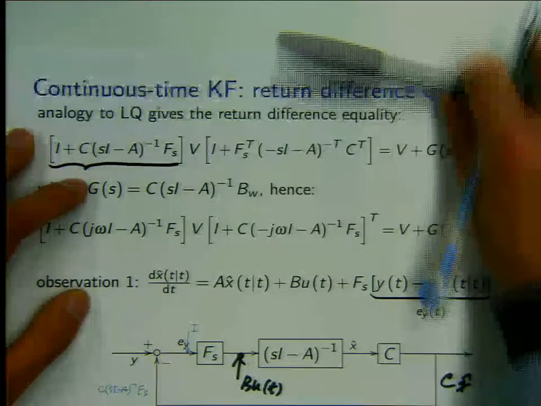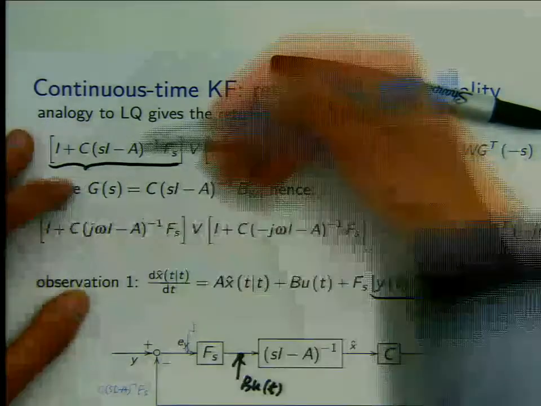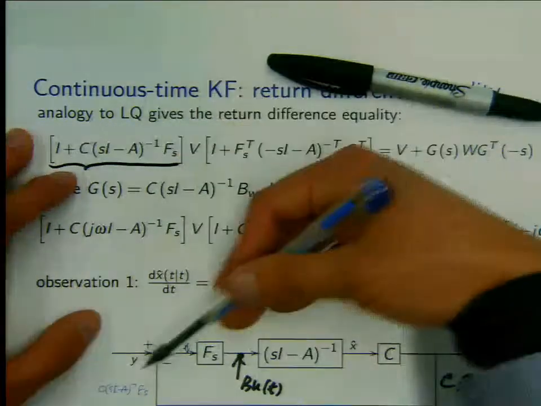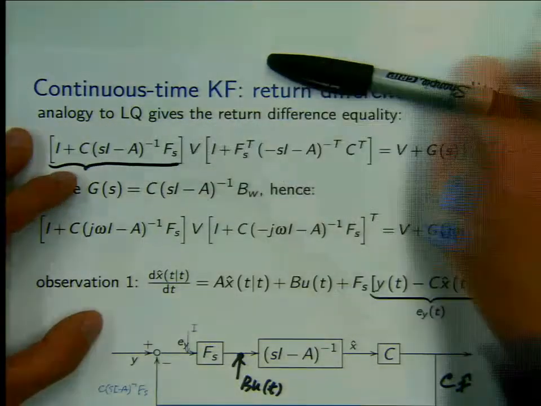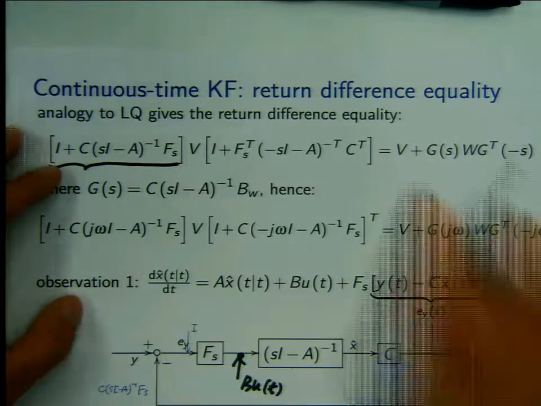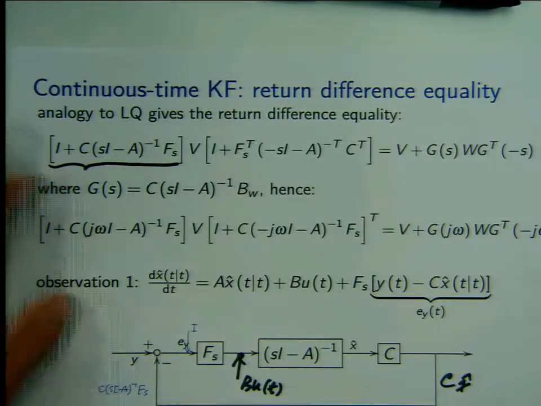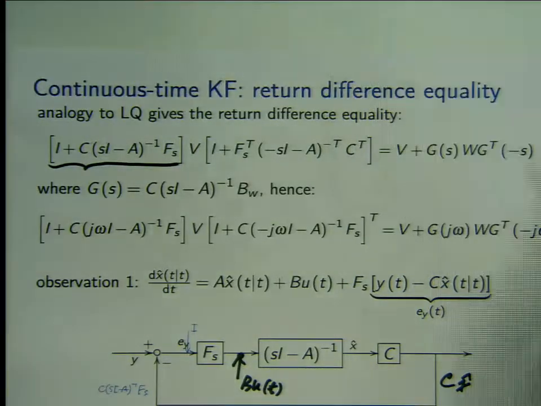So the difference between the signal I injected and the signal that's returned is the return difference, I plus C (sI minus A) inverse F s. Okay? So there's also a return difference equality.